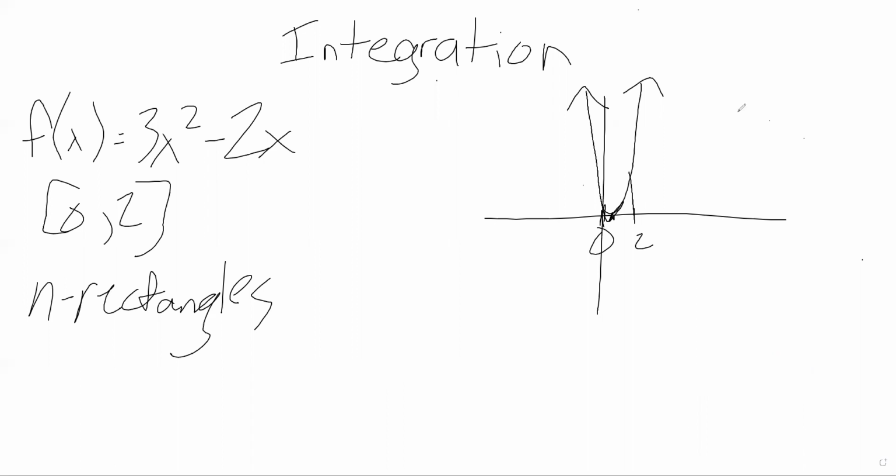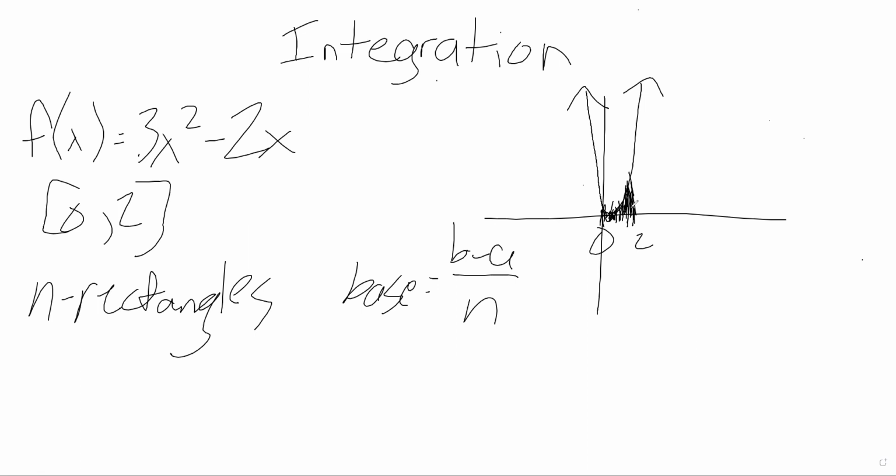Okay, so now that we're looking at our graph, n rectangles means that there's going to be infinite rectangles. So if you could just imagine rectangles all throughout this, and I can't even come close to drawing infinite rectangles, obviously, because that's more of a theory thing. So the main way that you do it is you use that formula from before, where base equals b minus a over n.